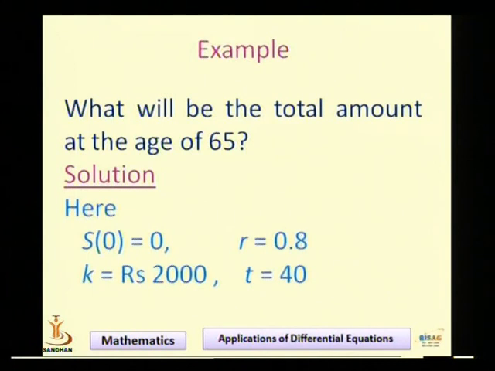Then what will be the total amount at the age of 65? So here S0, he starts the account at time t = 0, so 0. Rate is 8%, so 0.08. k, the constant rate at which he is depositing, is 2000. And at the age of 65 he wants the money, from 25 to 65. So your time t is equal to 40.